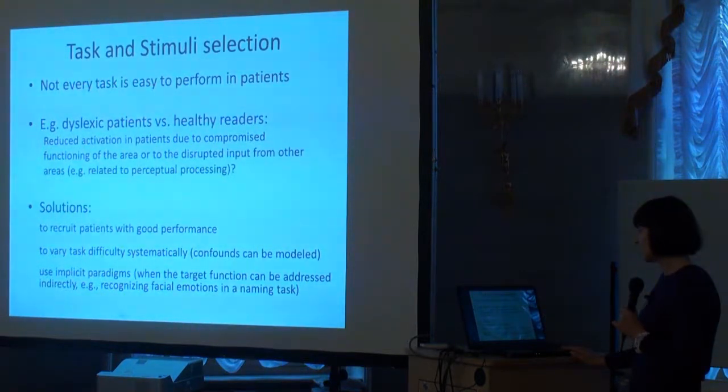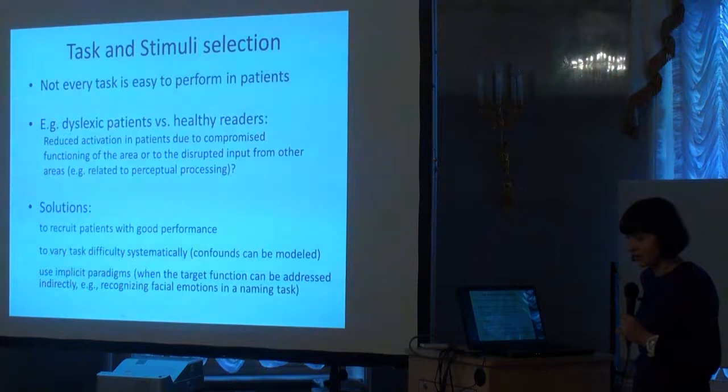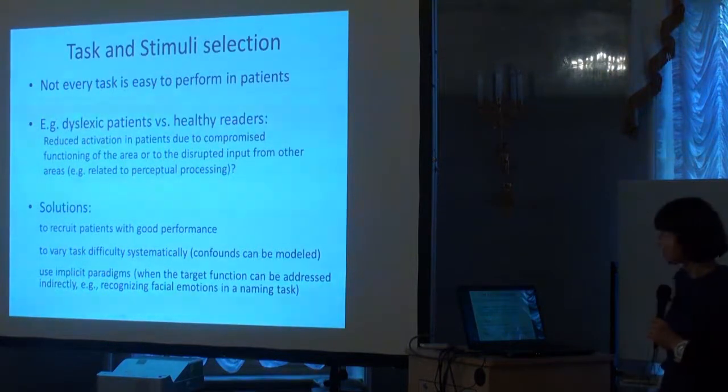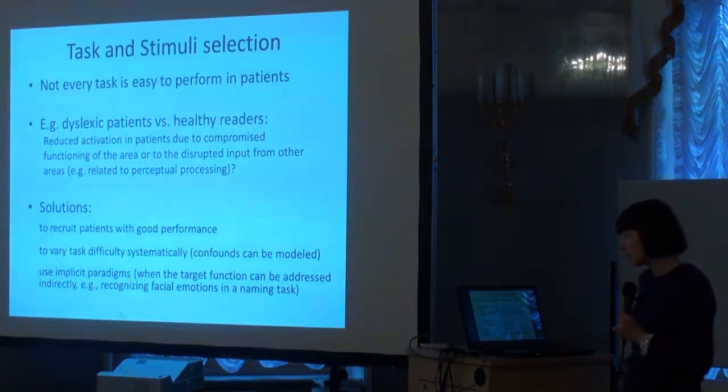For example, it is not very related to aphasia, but I find it a nice example. If you're interested in processing emotions, you might not directly ask your participants to judge emotions. Just present them visual stimuli, and the task will be to name them.